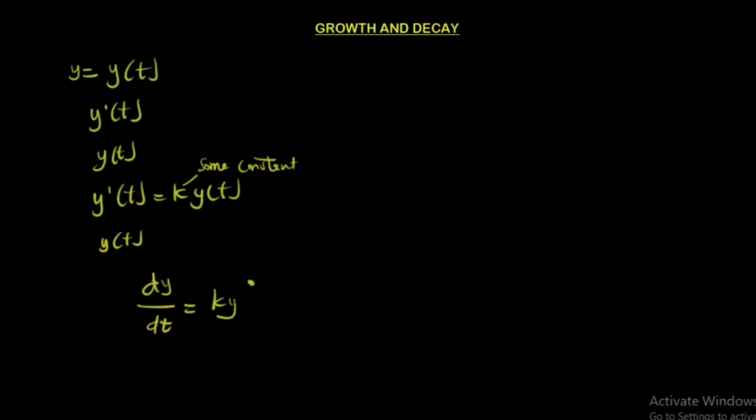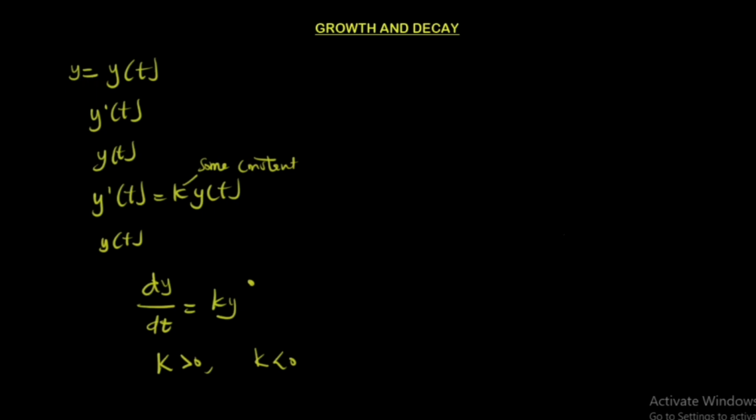So now let's explain the variables, where k is a constant. If k is greater than 0, we have a name given to it, which is the law of natural growth. And if k is less than 0, then we call it the law of natural decay.